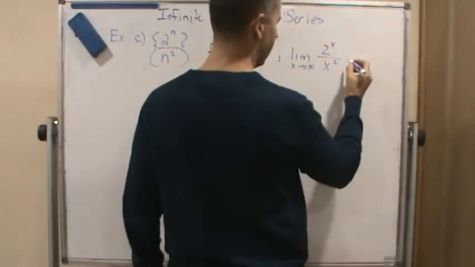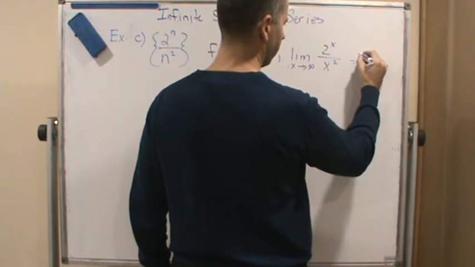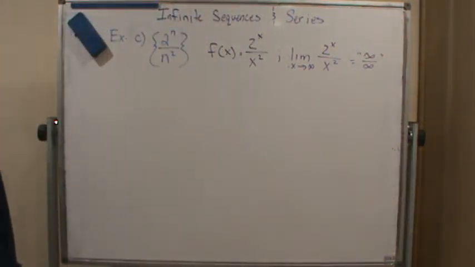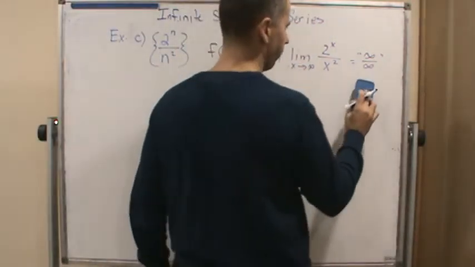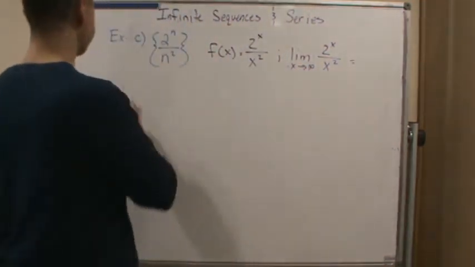Now what happens then? Well, this gives us infinity over infinity, which is an indeterminate form. So guess what? We get to use L'Hopital's rule. Okay, so we have an indeterminate form.